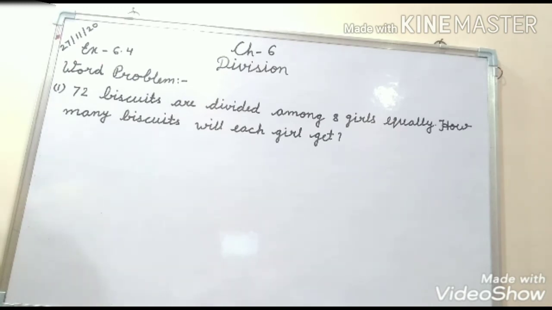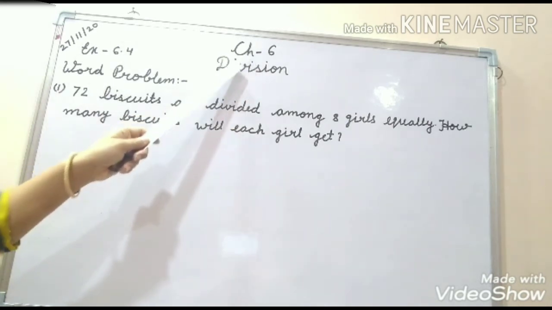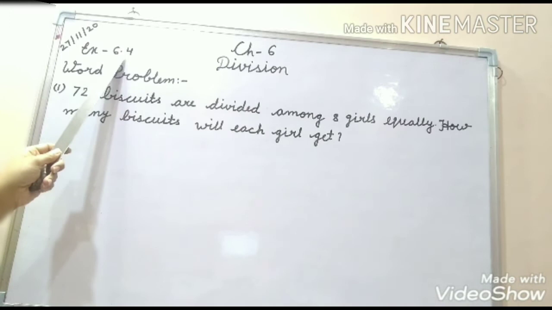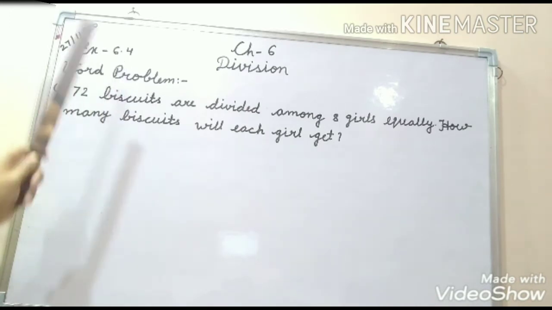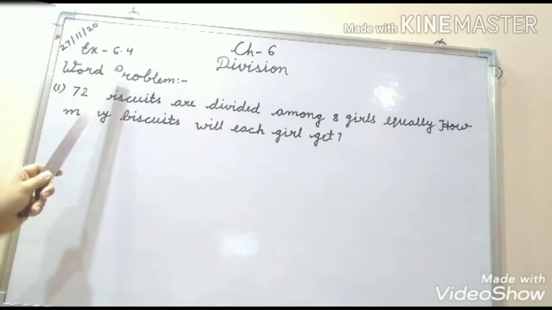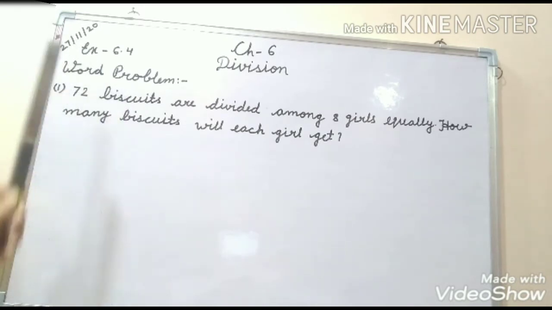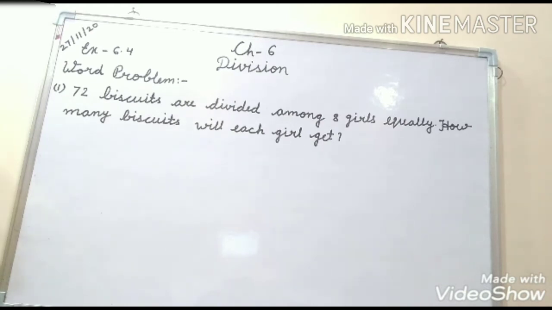Now children, in this class, we will go through chapter number 6, division, and the exercise is 6.4. In this exercise, we are going to do word problems of division. Children, you know why it is necessary to do word problems? Because word problems are related to our daily life problems.